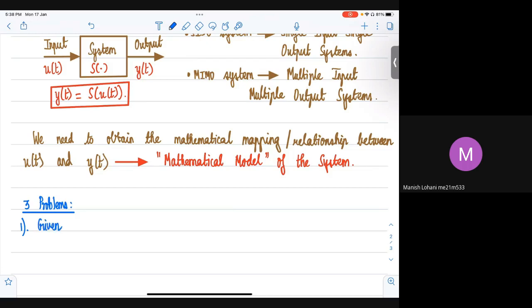So the first problem is that, let's say, given u of t, the input, and y of t, find the mapping S. This is a very important problem. Let's say I want to look at the development of a steering controller for an autonomous vehicle application.